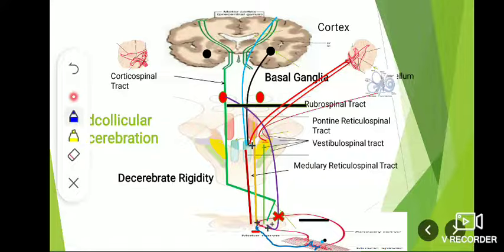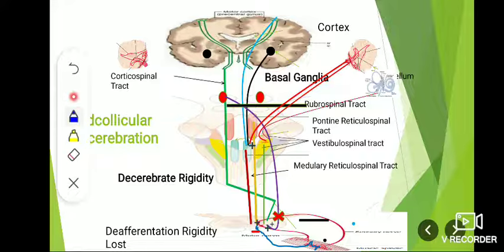Muscle tone increases. Now in this we will do one more experiment. Here we are doing deafferentation; the nerve is cut off. When the nerve is cut off, the rigidity is totally lost. That means it was using this circle, influencing through the gamma motor neuron.